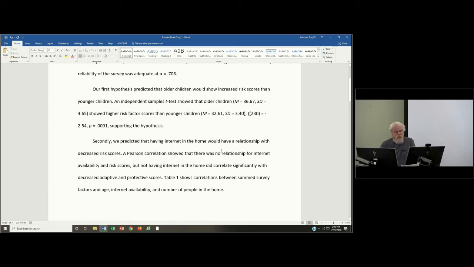And so we did an independent samples t-test, and it in fact did show that older children had higher risk scores on this survey than the younger children, okay? And that was significantly different.